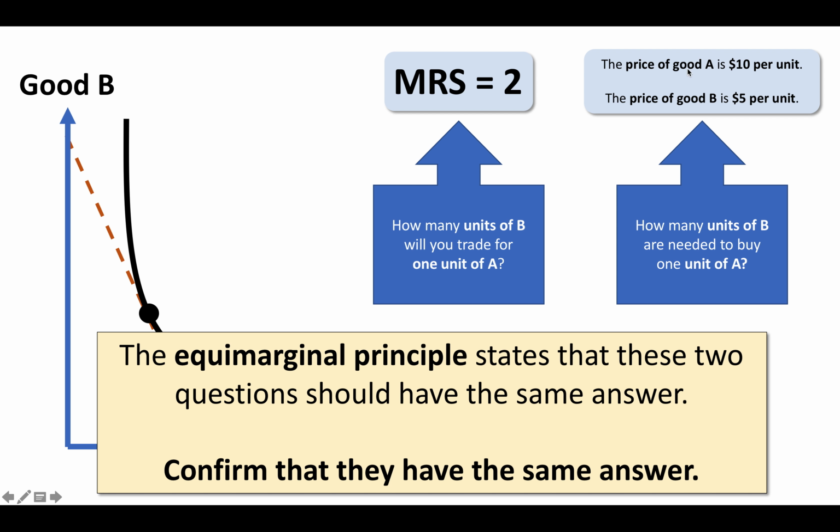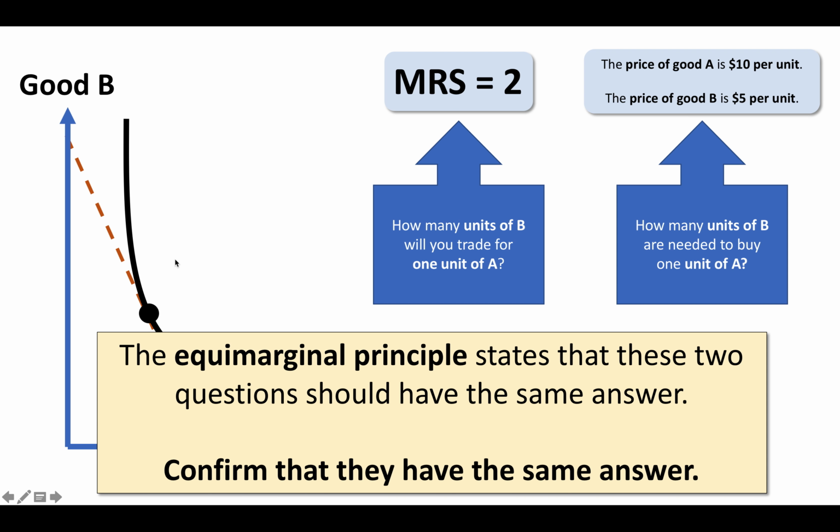Look at this, the price of A is $10 per unit, and the price of B is $5 per unit. That means that the market agrees with me. So at the utility maximizing bundle, the market is willing to give me 2 units of B for 1 unit of A. Just like my own personal preferences are that I would prefer 2 units of B for 1 unit of A. So they equal each other. So that's good. So that's what that means, that my values are aligned with the market values.